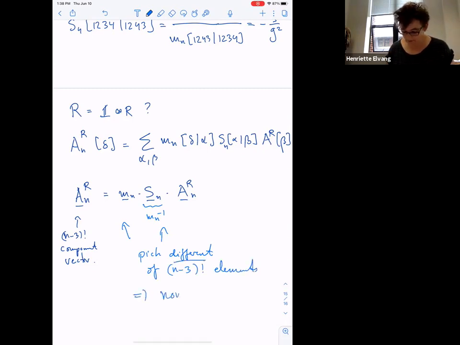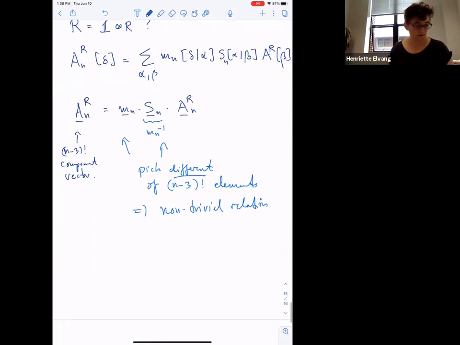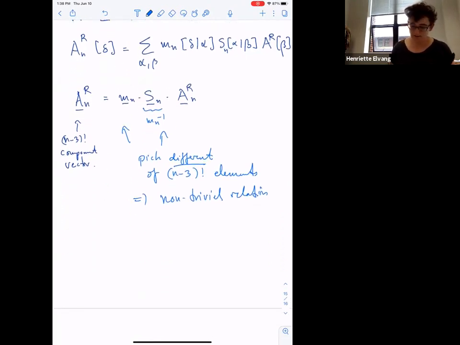That is what gives a non-trivial relation here. And so these are actually true constraints on the amplitudes, and you could work out to see that these non-trivial relations that they give are completely equivalent to the KK and BCJ relations.